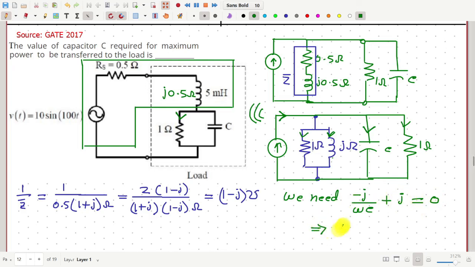That means omega C should be equal to 1, or C should be equal to 1 by omega. Omega is given to be 100 radian per second. So this will be equal to 0.01, that means 10 millifarad. And that is the answer.